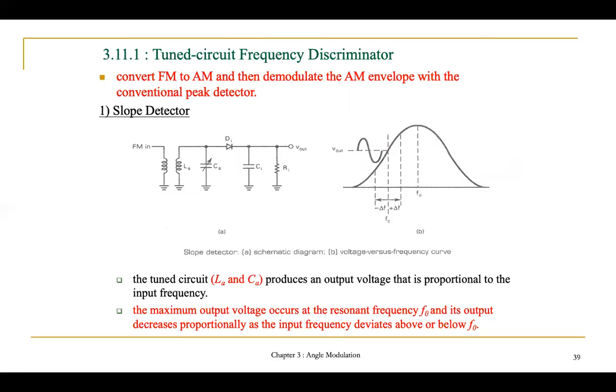Subchapter 3.11.1 is a type of FM demodulator. This is a tuned circuit frequency discriminator. For this part, you can read the process for each demodulator by yourself.